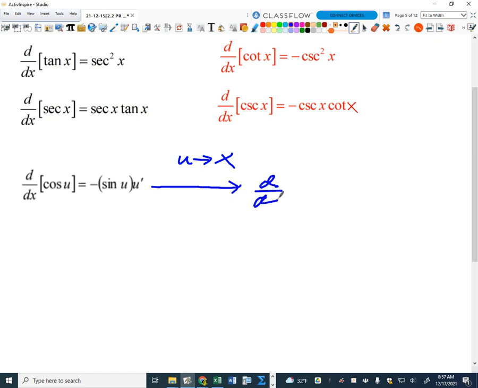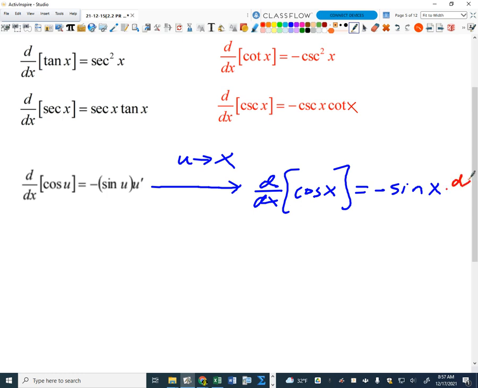The derivative with respect to x of cosine x would just equal negative sine x times x prime. But x prime is just dx/dx. What's the derivative of x with respect to x? 1, right?